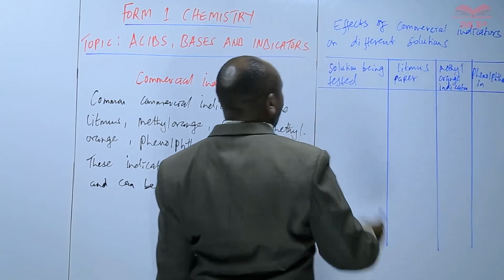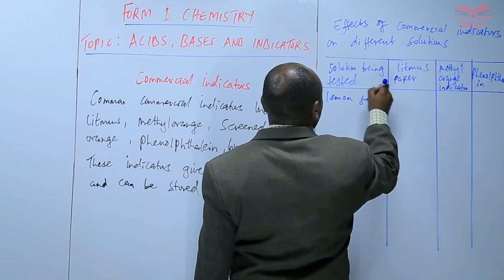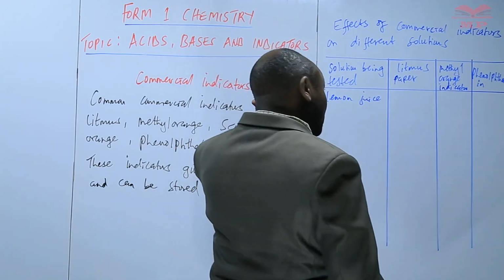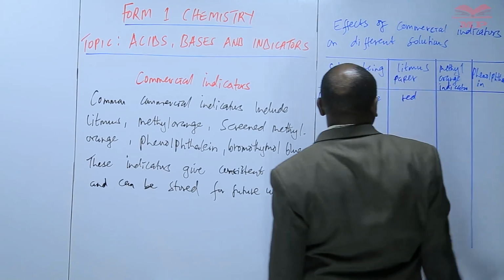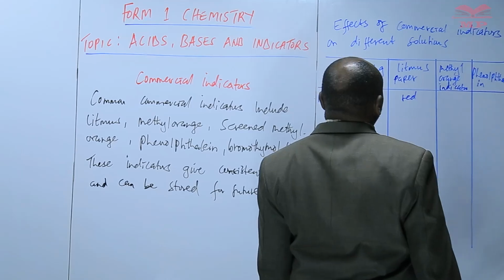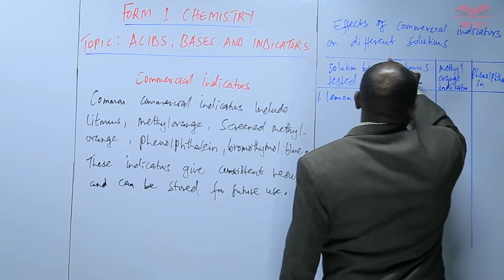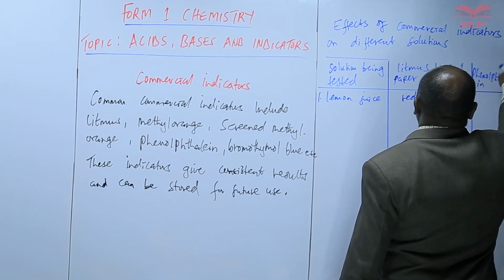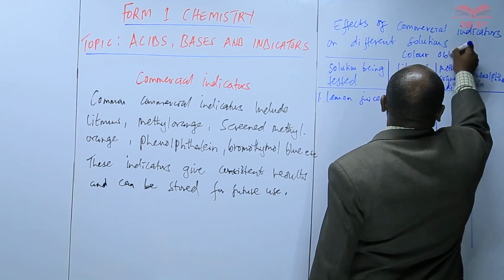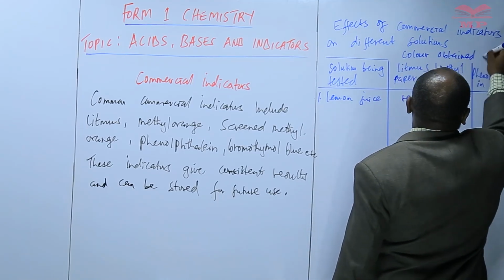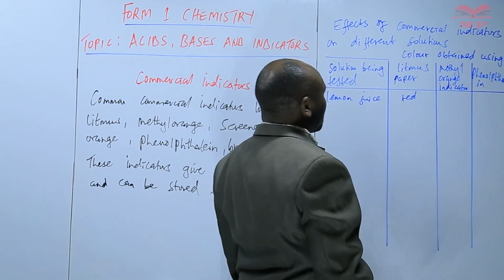So for example, we can take lemon juice. If you test it with litmus paper, the color turns red. So you can mention somewhere here that this is the color obtained using either of those indicators.